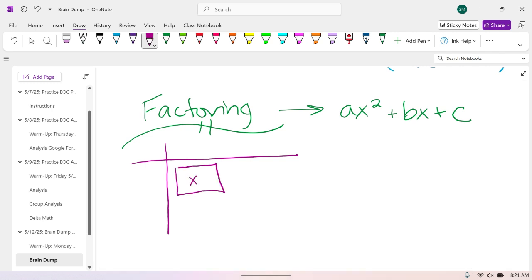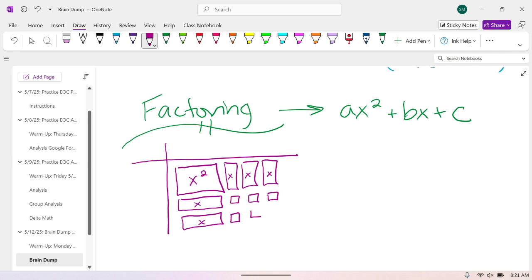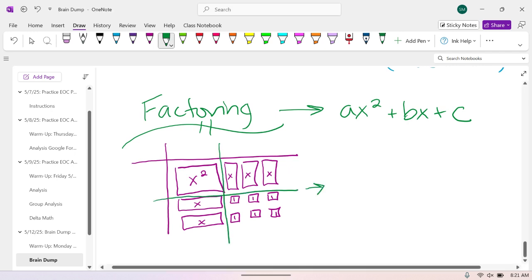So you had an x squared, let's say you had three x's here, two x's here, and then all the ones. So if we looked at it, it'd be x squared plus 5x plus 6, which is our expanded form.